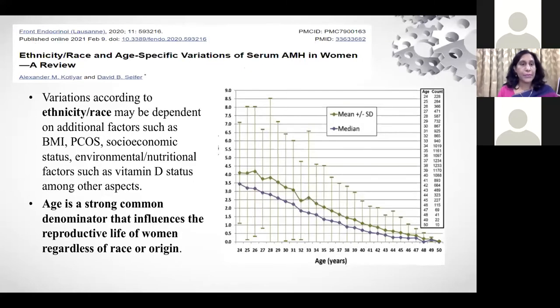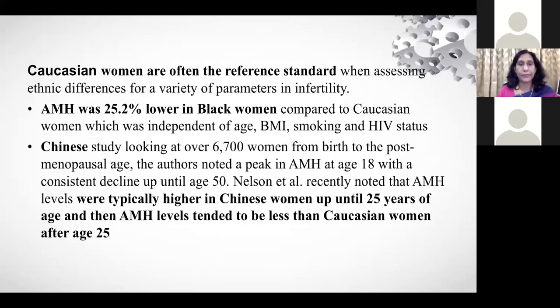So this paper, which was published recently in February 2021, said that the variations according to ethnicity and race may be dependent on additional factors like BMI, PCOS, socioeconomic, environmental, nutritional factors, and vitamin D. And they said age is a strong common denominator that influences the reproductive life of women, regardless of race or origin.